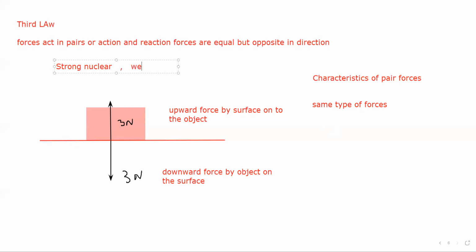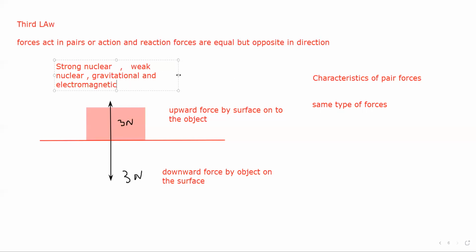Weak nuclear, gravitational, and electromagnetic. These are the types of the force.